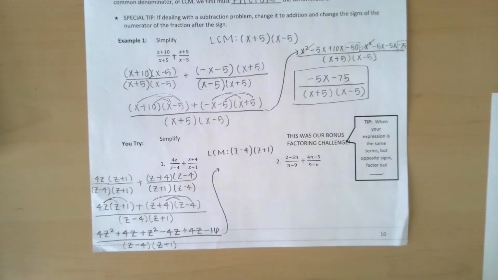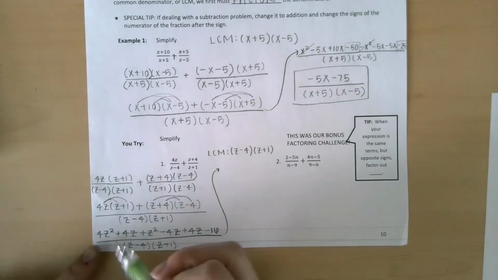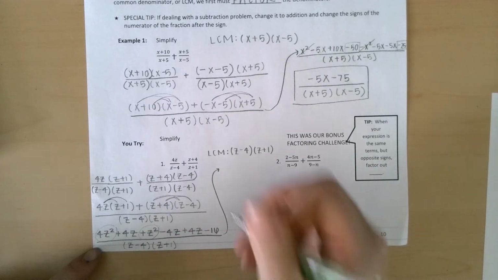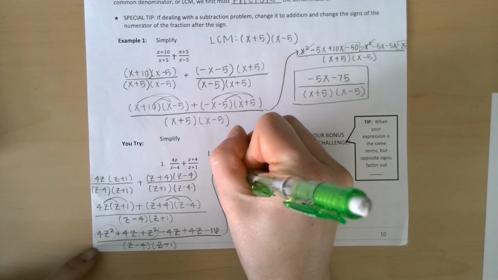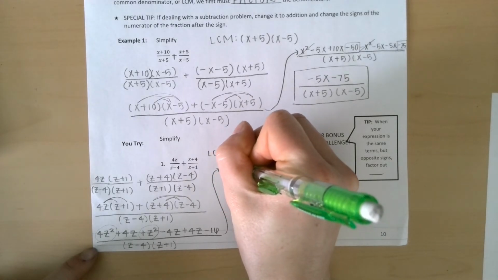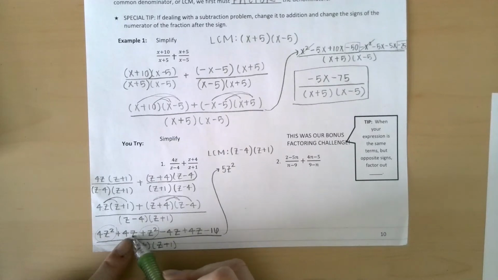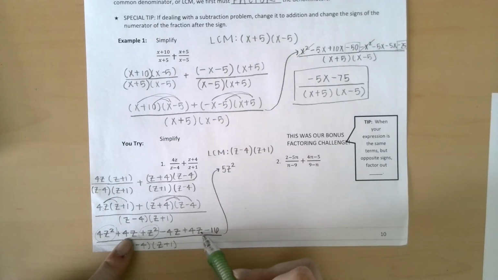Okay, our last and final step here is to combine any like terms in the numerator. So I'm starting with exponent of 2. I see 4z squared plus z squared, so that will give me 5z squared. Negative 4z plus 4z. Well, some of those z's are going to cancel out, right?